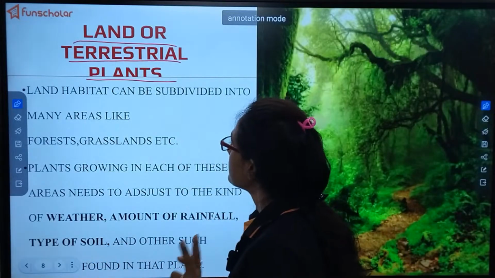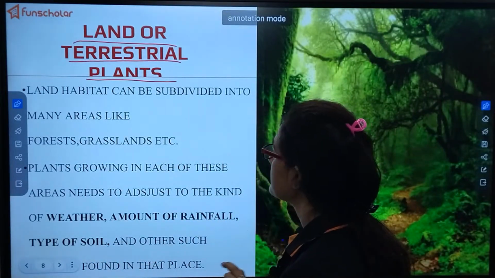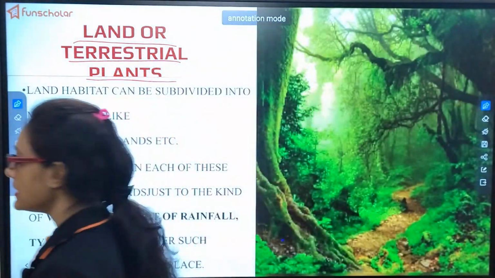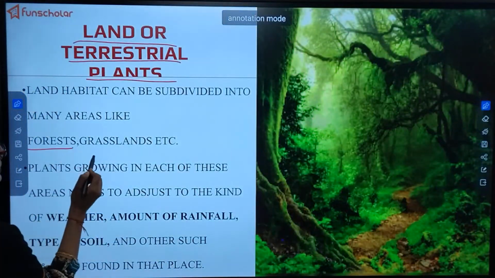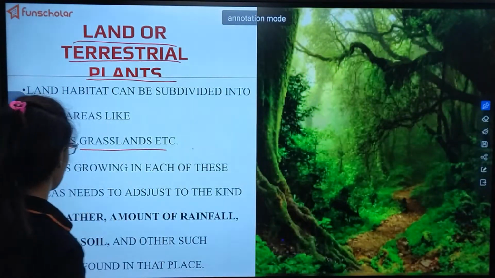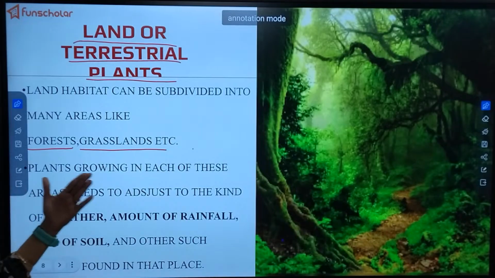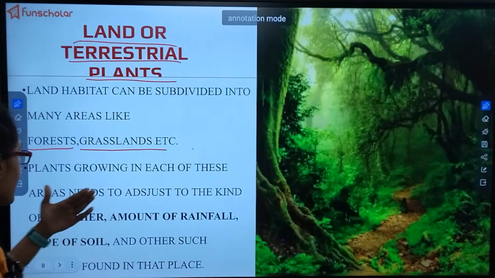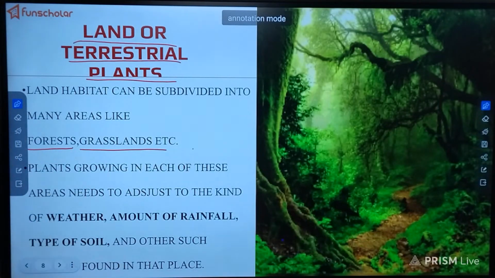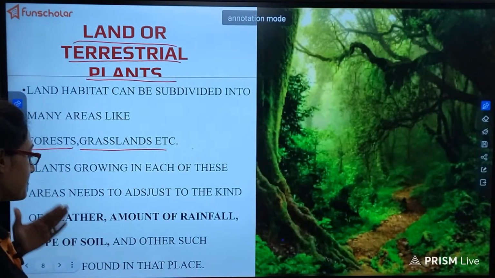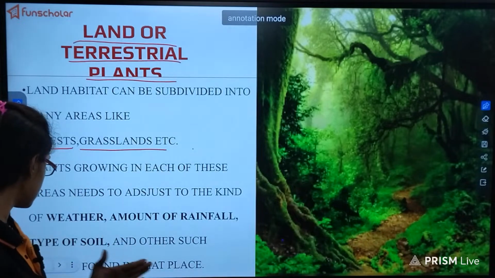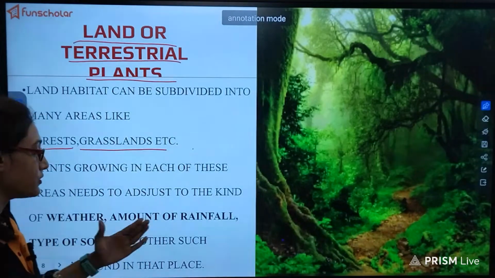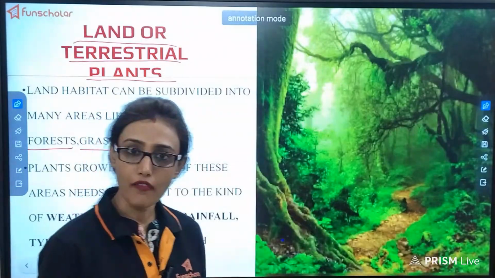Now, land habitat can be divided into many types like forest, grassland, etc. Plants growing in each of these areas need to adjust to the kind of weather, amount of rainfall, type of soil, and other such factors found in that place.